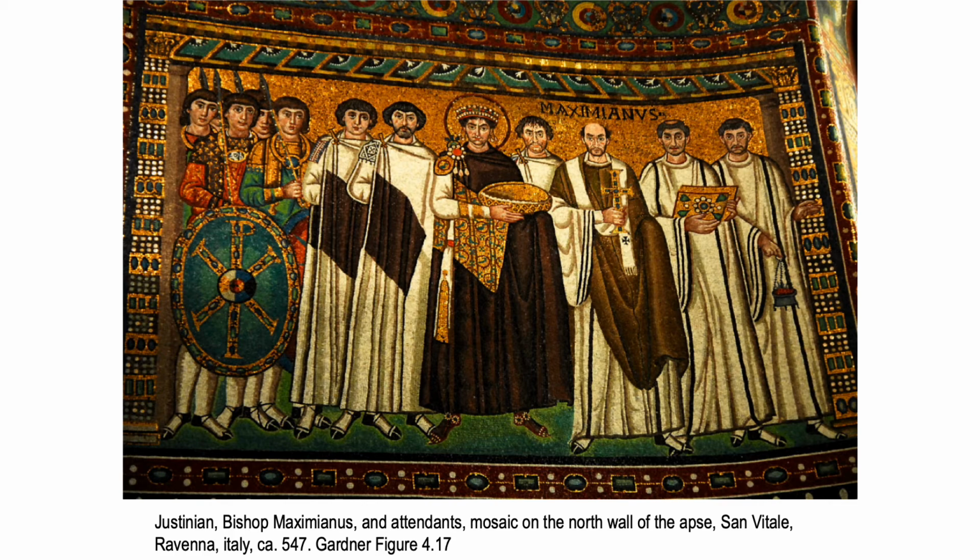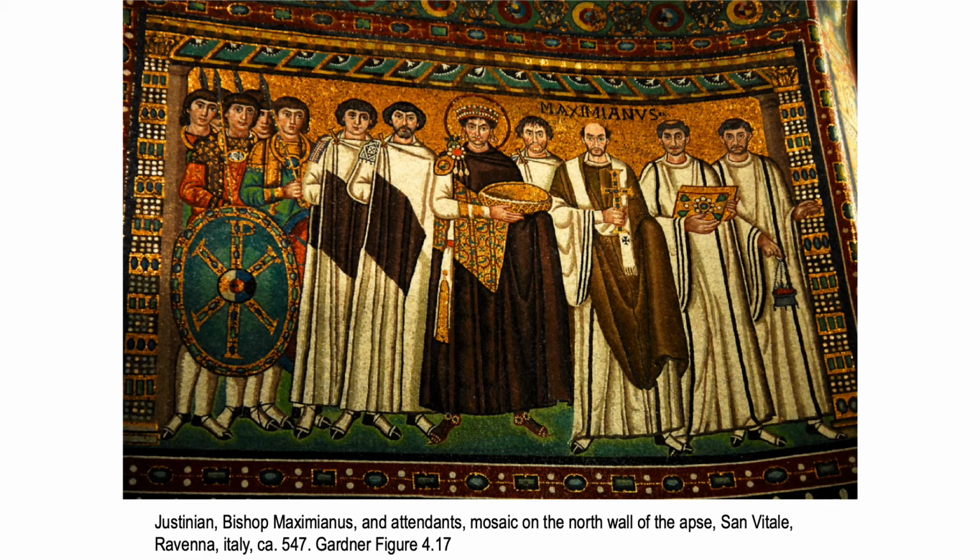If you cover up the heads of the figures, other than Bishop Maximianus and Justinian being clothed in something a little bit more fanciful, it's hard to tell who is who. There's no major iconography that tells you who's a bishop, who's Justinian's right-hand people. All of that just comes from this isophalic treatment of the figure.